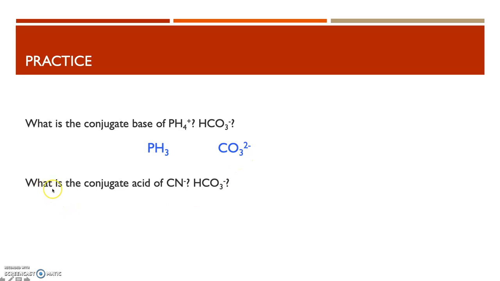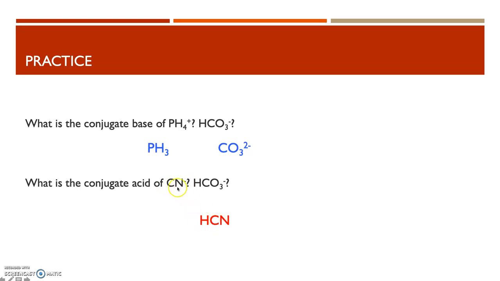We can do the same thing with the conjugate acids of these two species. So here's our cyanide anion. This is a base, and it is going to accept an H+. So if I do CN- plus an H+, I'm going to get HCN, and my charges are going to cancel out.